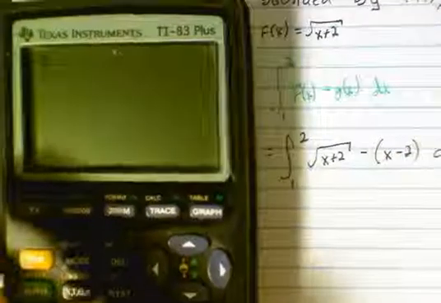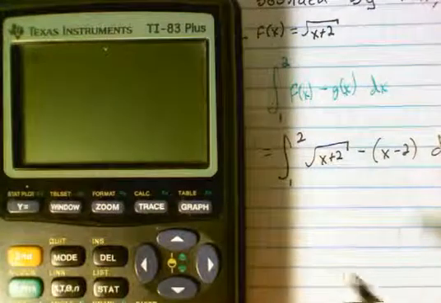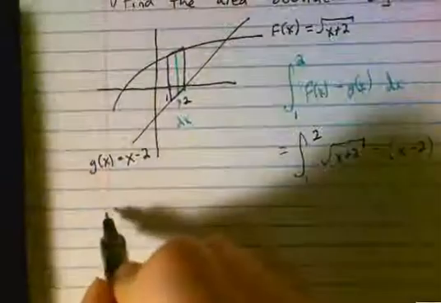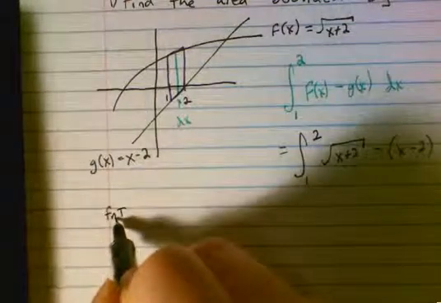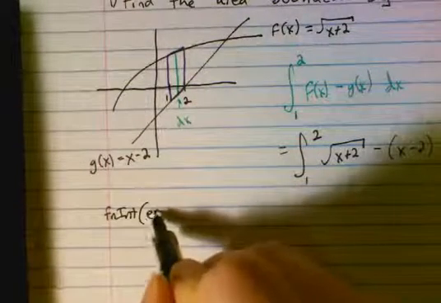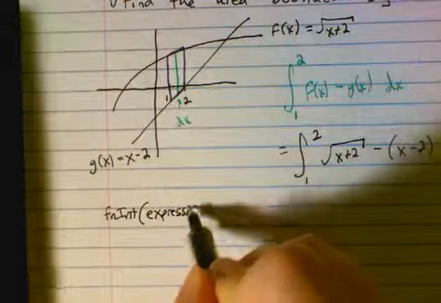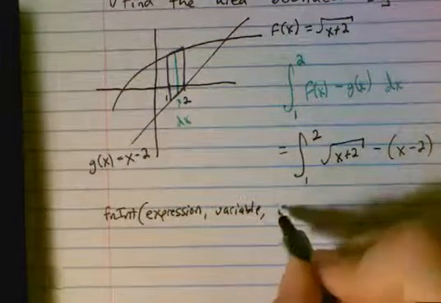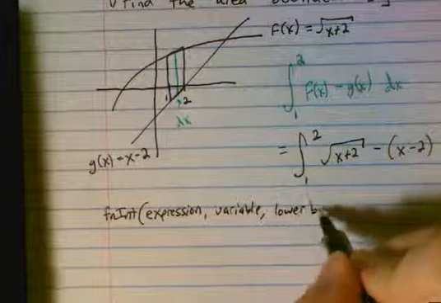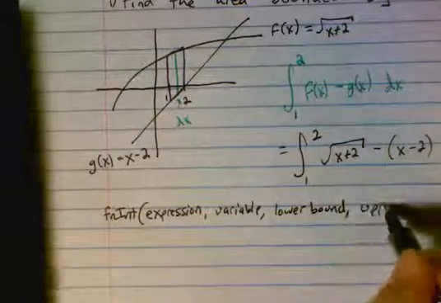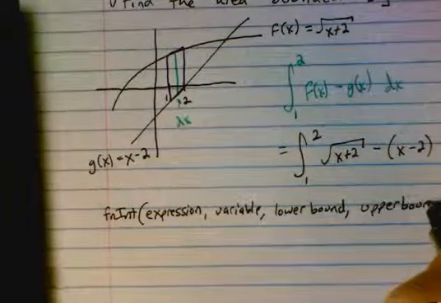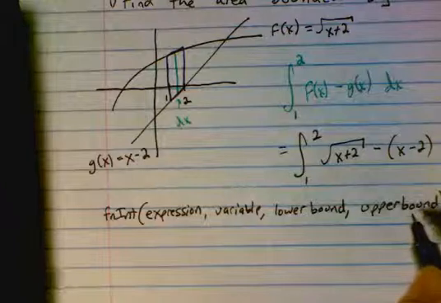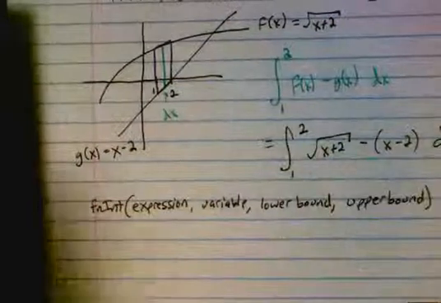So, remember the notation that we use. Here I'll write it over here, definite integral. Then we're going to have our expression, our variable, lower bound, upper bound. Remember, this is reversed from how we plug it in when we're doing it by hand.